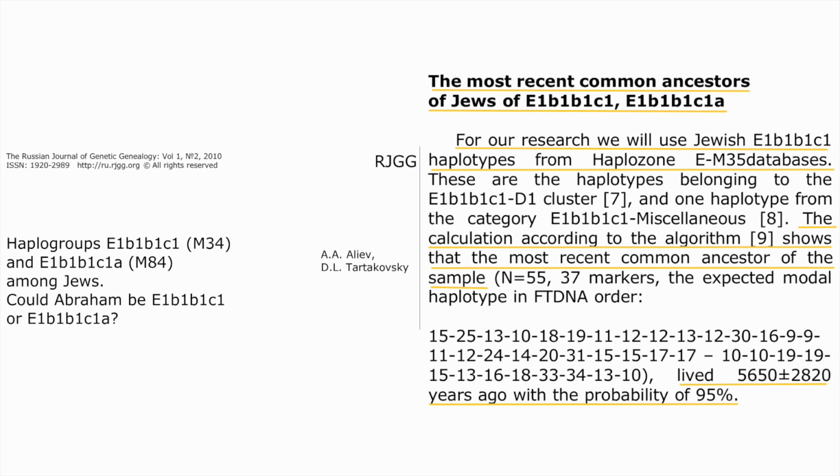The most common ancestors of Jews of E1b1c1 and E1b1c1a. For our research, we will use Jewish E1b1c1 haplotypes from the Haplozone E-M34 database. The calculation according to the algorithm shows that the recent common ancestor of the sample lived 5,650 plus or minus 2,820 years ago, with the probability of 95%.